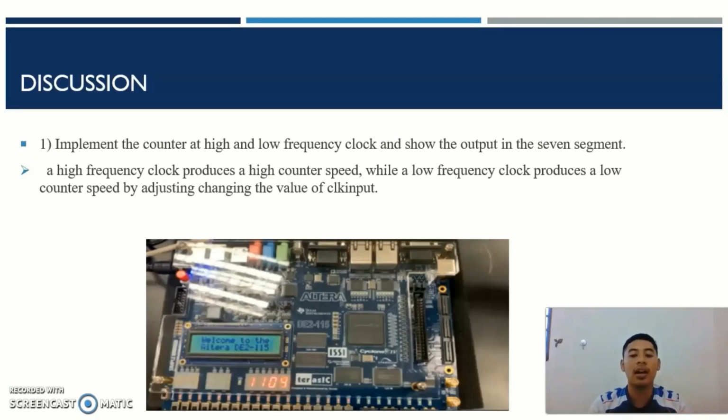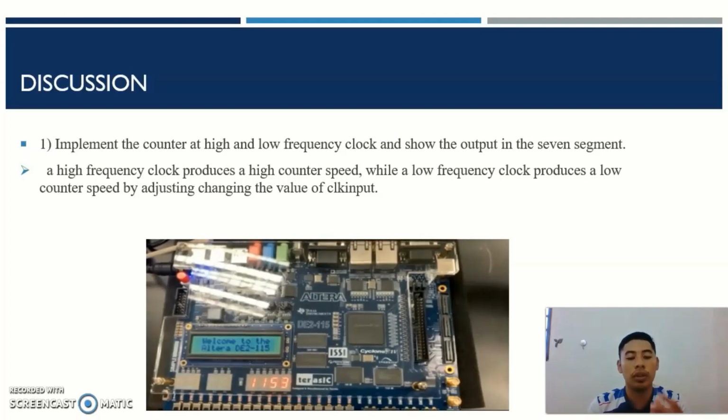So as a result, a high frequency clock produces a high counter speed, while a low frequency clock produces a slow counter speed by adjusting the value of the clock input. We can see in the video that the number becomes slower with a low frequency.